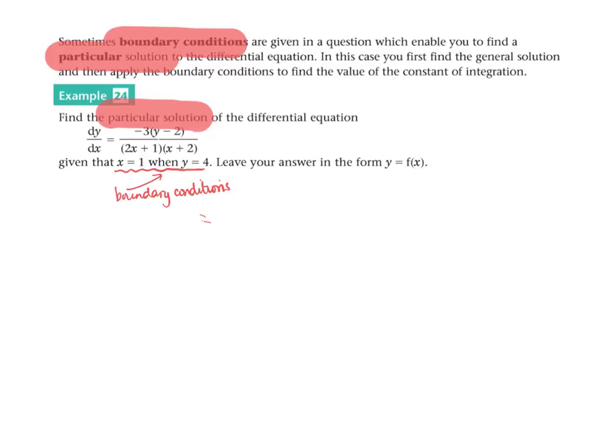Right, let's take our dy by dx then and see if we can rearrange that in terms of the x's on one side with dx and the y's on the other with dy.